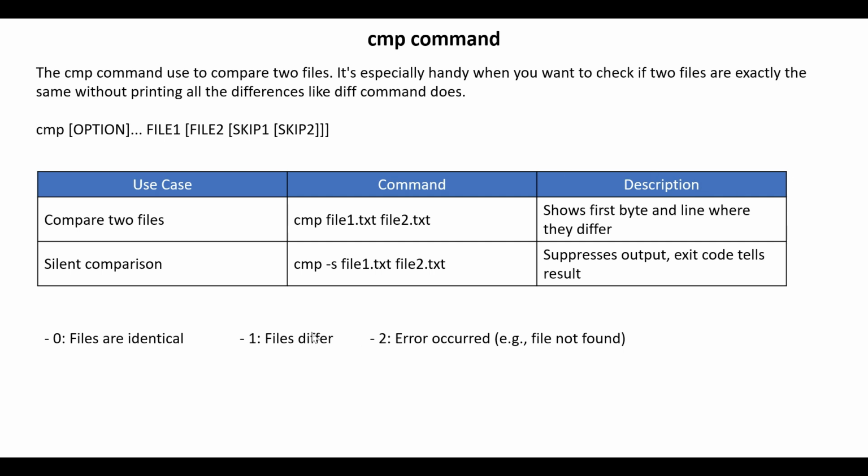If the exit code is 1, then the files differ. If the exit code is 2, then there is an error, due to some reason the file itself is not executable, or the file itself is not there on that particular path. Any error due to the files. So by using these three exit codes, we can come to know whether there are changes in these two files or not.